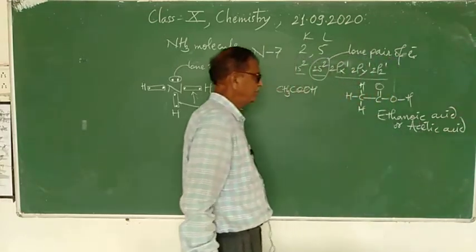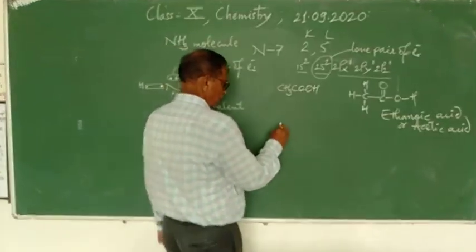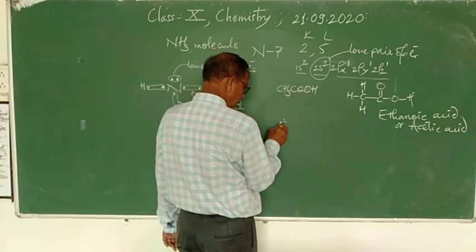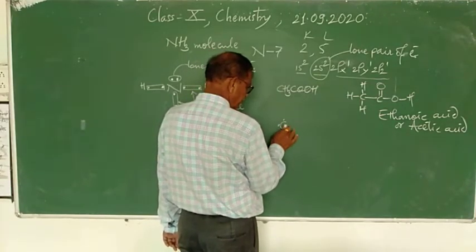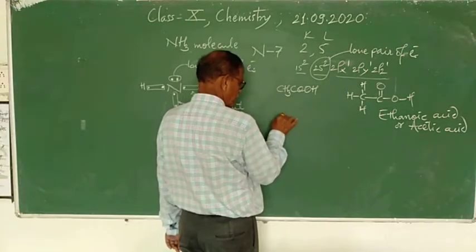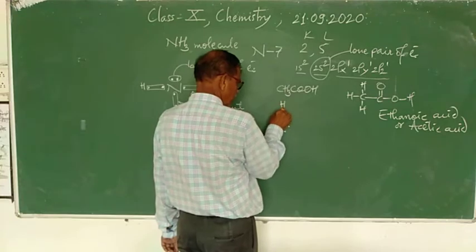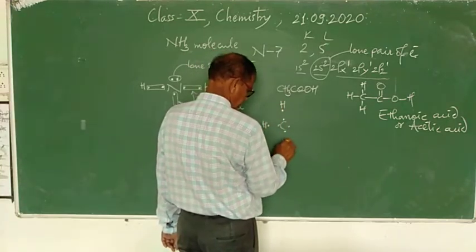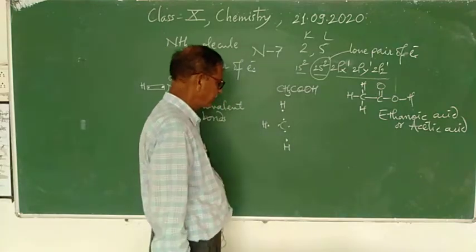Now see the bonding. Carbon has 4 unpaired electrons. Hydrogen has 1 each.